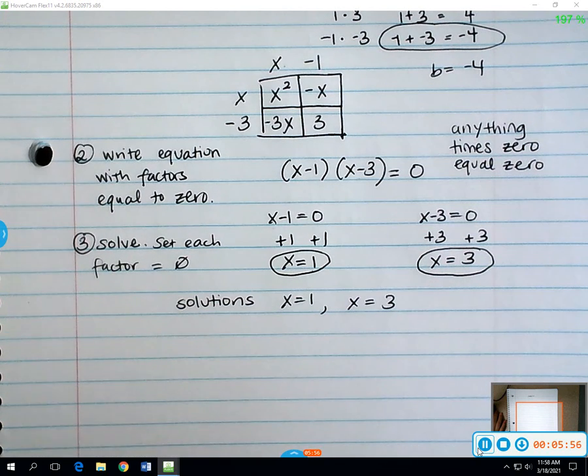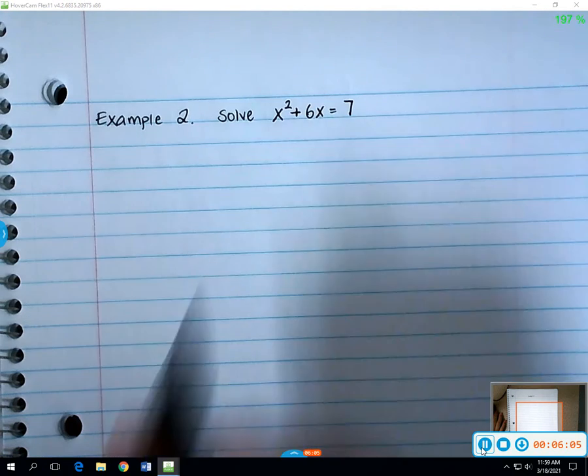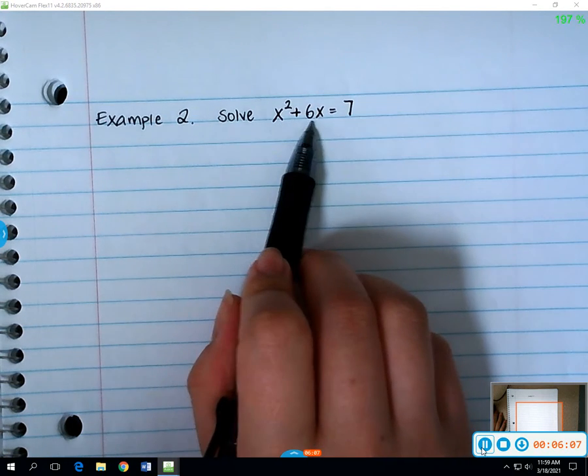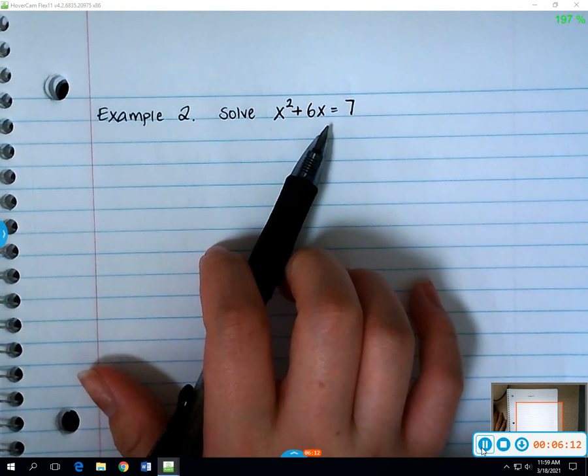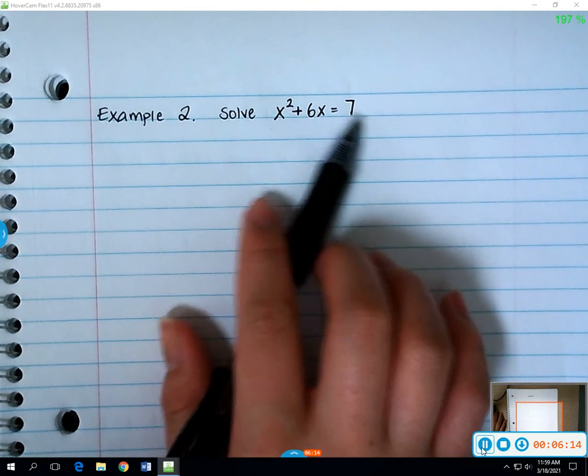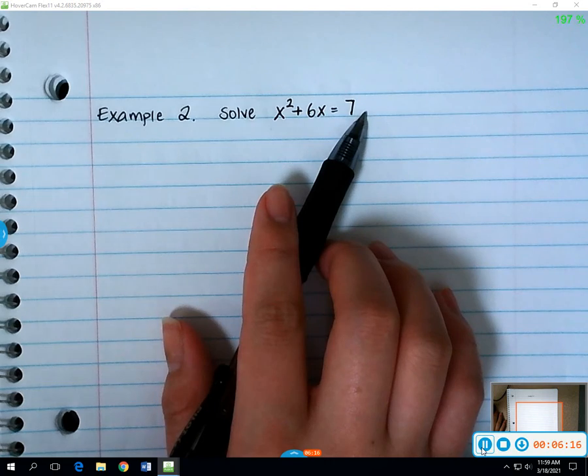Alright, let's take a look at example 2 and try a slightly different type. Here is example 2. We want to solve x squared plus 6x equals 7. This problem is a little bit different than the last one because we don't have an equation equal to 0 already.